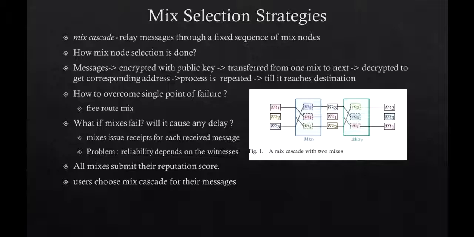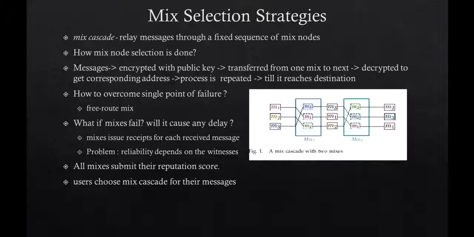Mixers issue something called as receipts for each received message. Once a mix has sent a message to the next mix, if it doesn't receive any receipt within a short period, it demands for a group of witnesses to resend the message and collect the receipt and forward it. But the problem here is the reliability depends completely on the witness.